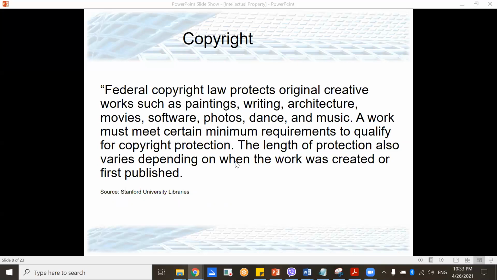Copyrights protect writings, music, pictures, art, and other forms of intellectual works. The federal copyright law protects original creative works. Again, as I mentioned, a work must meet certain minimum requirements to qualify for copyright protection, and the length of the protection also varies depending on when the work was created or when it was first published.